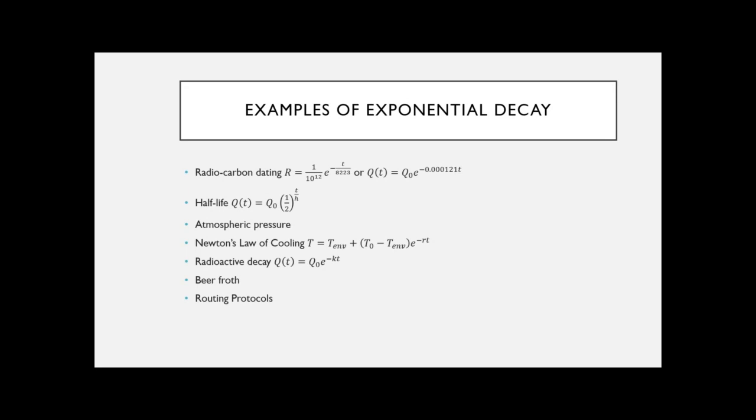And for those in computer science, routing protocols actually involve exponential decay when you are trying to model routing and all that kind of stuff. But the ones you commonly see in algebra classes are radiocarbon dating, Newton's law of cooling, and half-life. Those types of problems are the most common.